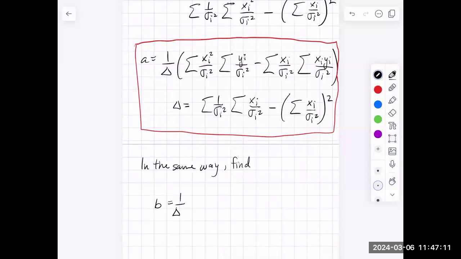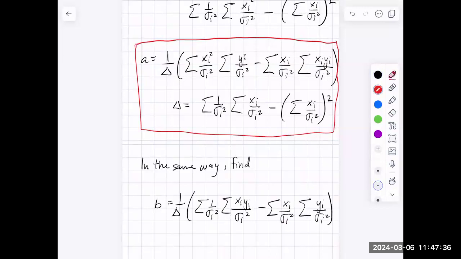So that's 1 over the determinant of that matrix A. And then it's the sum of 1 over sigma i squared times xi yi over sigma i squared minus xi over sigma i squared times yi over sigma i squared.